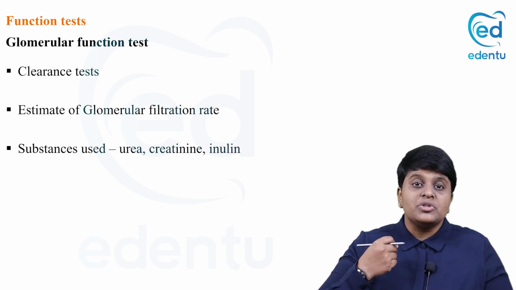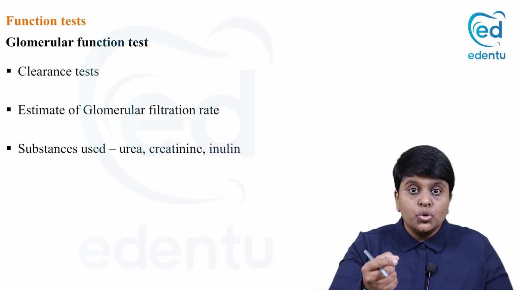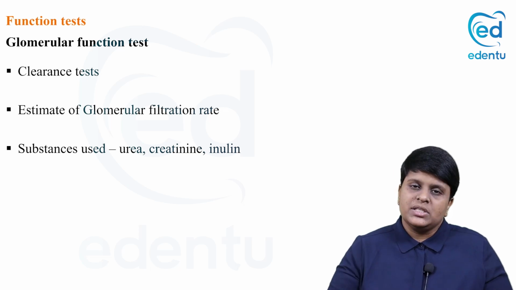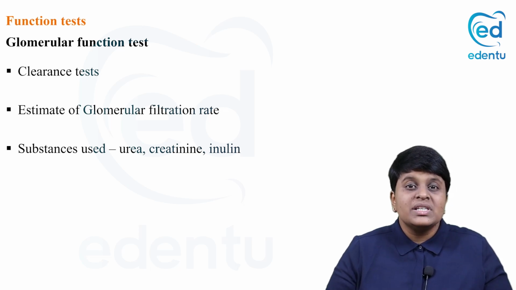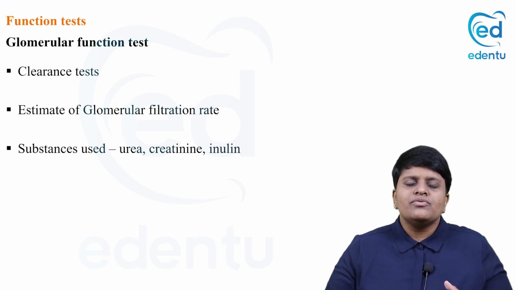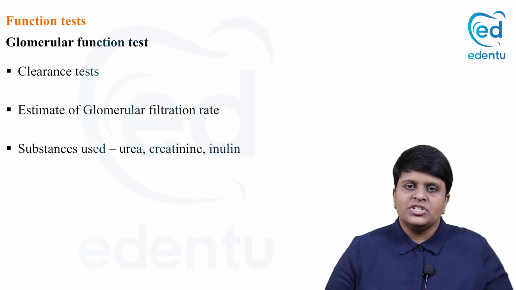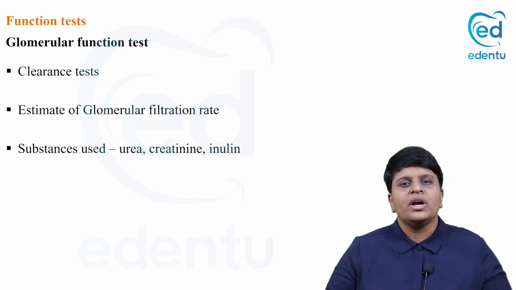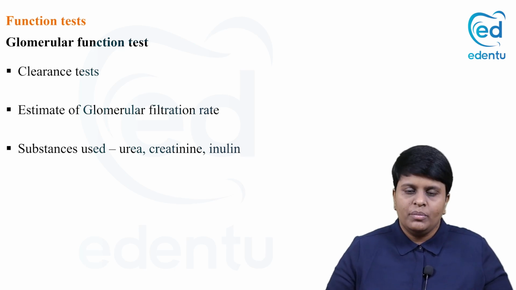You give a substance from outside and check for its urinary concentration and the plasma concentration. Such a substance is inulin, and the inulin clearance test was once upon a time a gold standard for the estimation of GFR. Nowadays we do not perform such investigations as the inulin clearance test. So urea clearance and creatinine clearance are commonly performed.